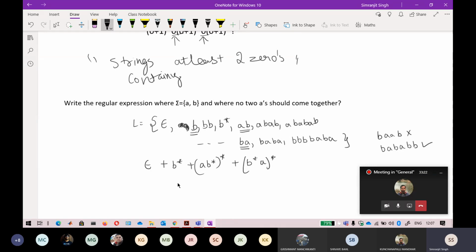This one also seems correct. Let me take a string. AB is possible. AB, any number of B's can come, so that is also possible.